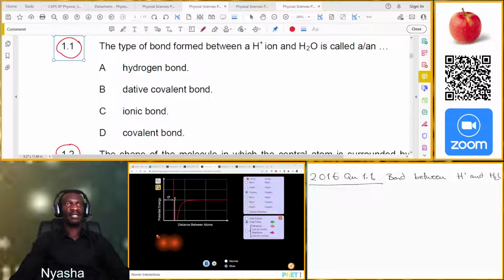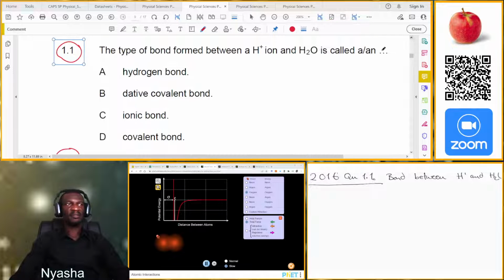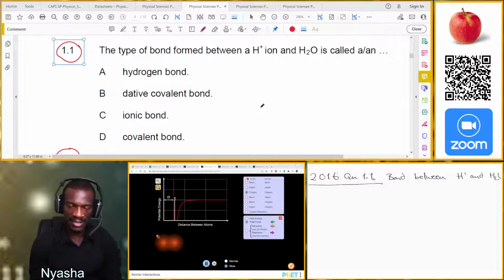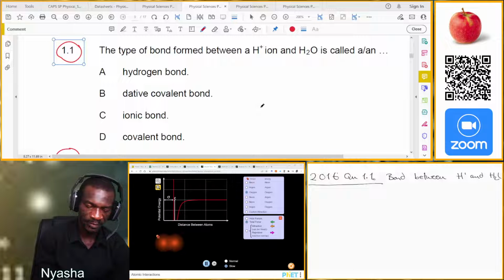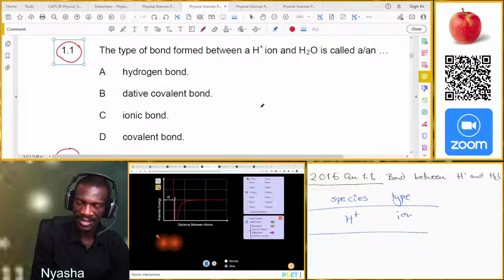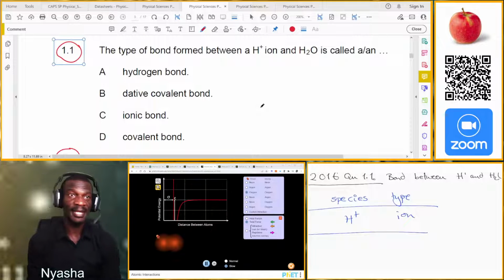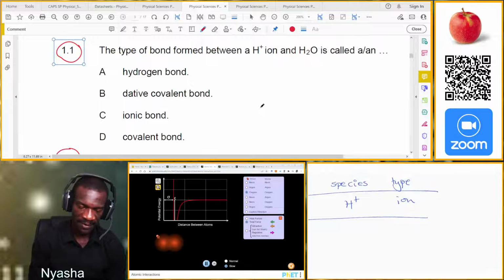For example, in our previous question, we even looked at the difference in electronegativities. So we now want to find what's happening with hydrogen. First of all, let's look at the species and their types. Hydrogen is an ion, H+. How about water?